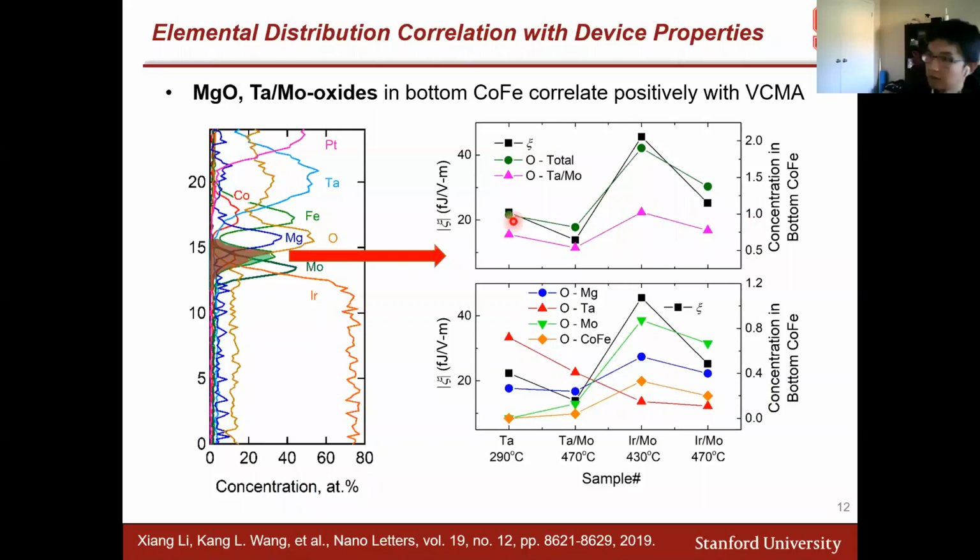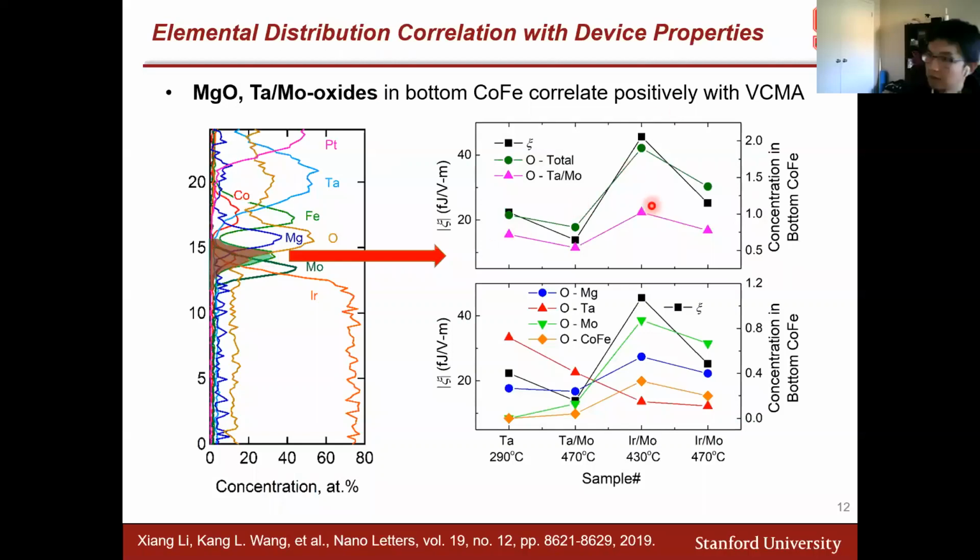We can also further break down this oxygen amount into individual components: the oxygen that reacts with tantalum, magnesium, cobalt, and iron, respectively, and further analyze the underlying cause. But in general, our observation is that the MgO and tantalum oxide overlaps with the bottom iron layer correlate possibly positively with the VCMA coefficient.